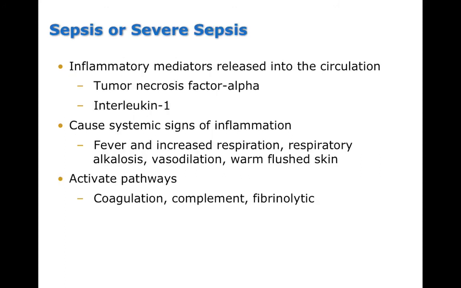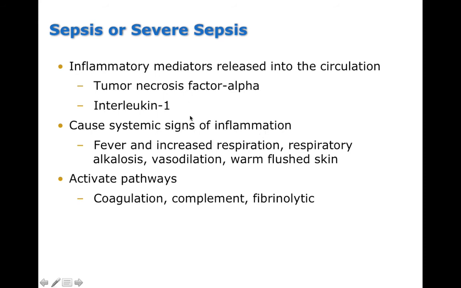Now, in terms of septic shock, remember this is also a subtype of distributive shock. This is going to be due to infection, and so inflammatory mediators are released as a consequence of that infection, things like interleukins, tumor necrosis factor, even histamine.